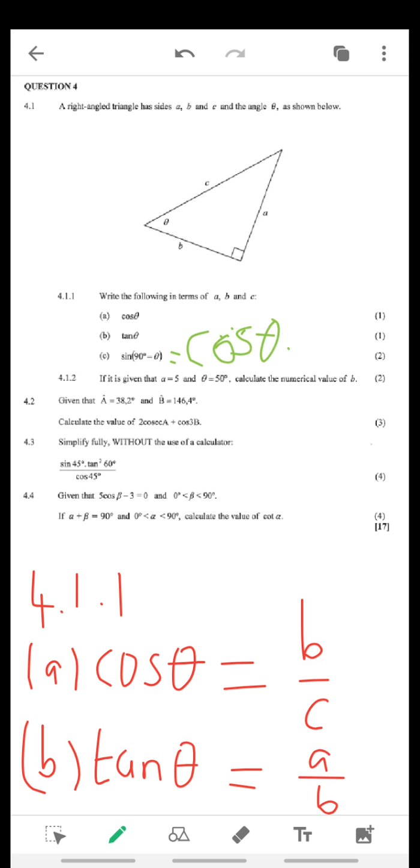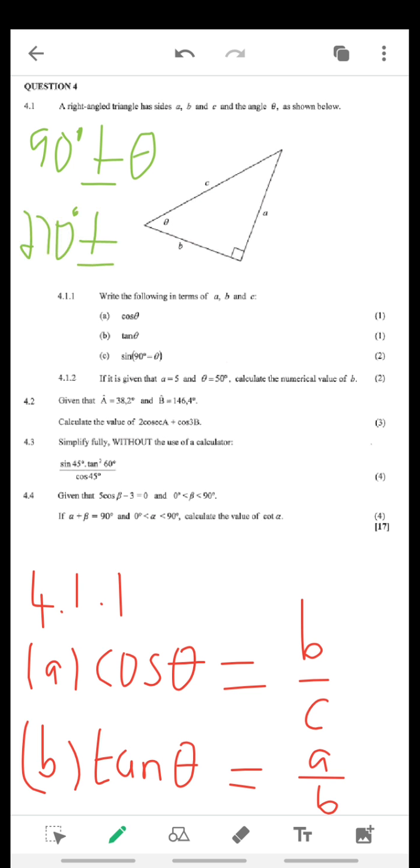For now it's not important, but you need to know that when we have cofunctions, let me write them down for you. It will be 90 degrees plus or minus theta, and 270 degrees plus or minus theta. Very important. Whenever you deal with these, you still treat them like your reduction formula to check where they are and how they affect the trig ratio.